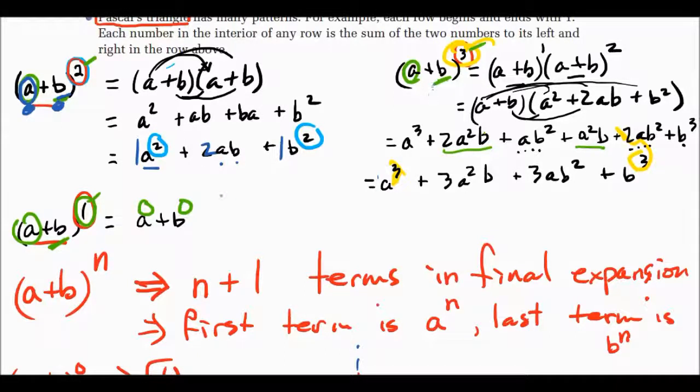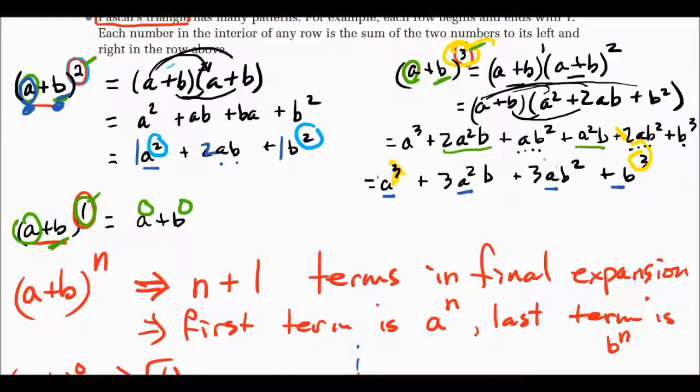What about over here? I want you to notice what is happening to the a variable in each of these terms. It's decreasing in degree, right? It's decreasing in order of the exponent. So here we have a cubed, then a squared, so decreasing by 1 each time.